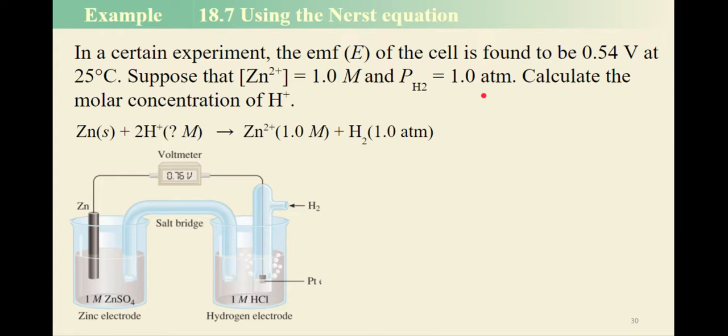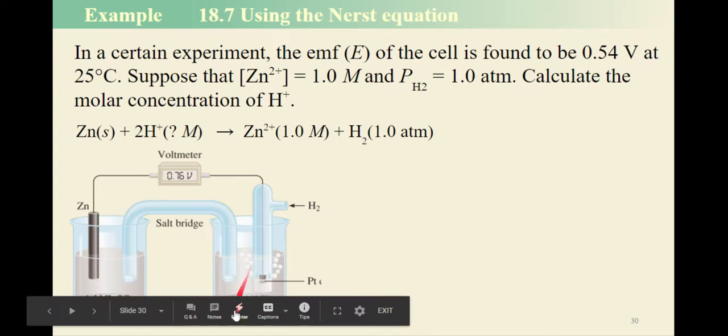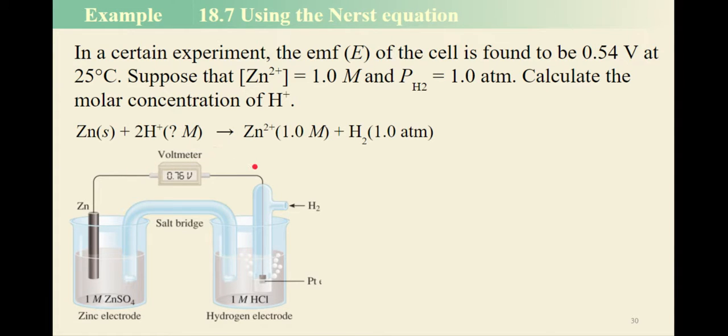Well, that's what we want to do here. So we're going to say we have a hydrogen electrode. We're bubbling hydrogen onto a platinum electrode that serves as a conductor, and it's coupled to zinc. So we want to know what is the concentration of this acid if zinc is getting oxidized and hydrogen is getting reduced.